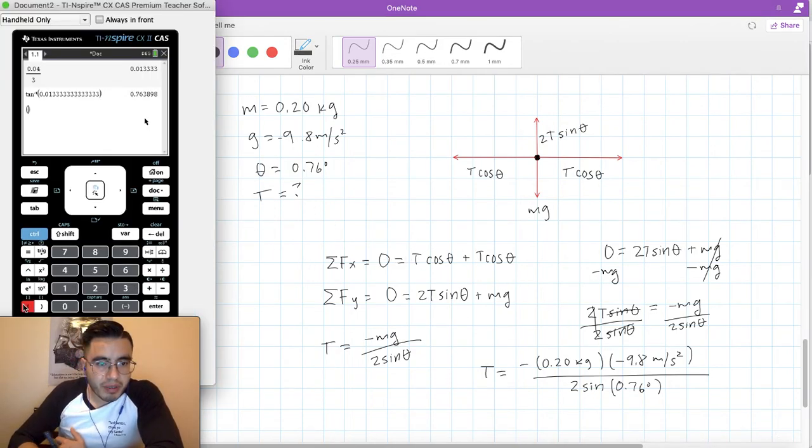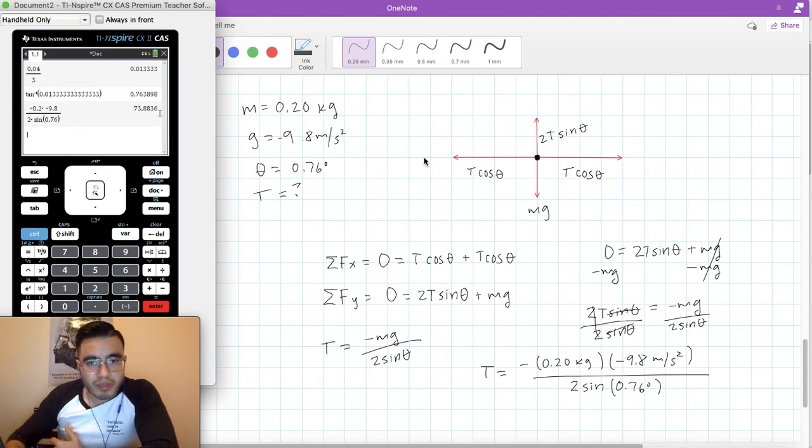So it'll be parentheses, negative, parentheses, 0.2 for the mass times parentheses negative 9.8 for acceleration due to gravity, close parentheses, divided by parentheses 2, let's go for trig functions, the sine of 0.76, close parentheses, press enter, and we're going to round to 74.